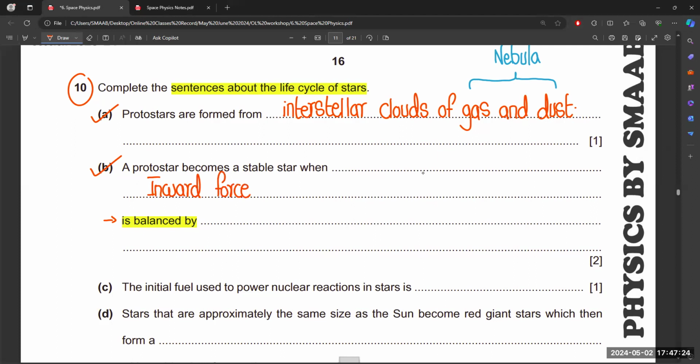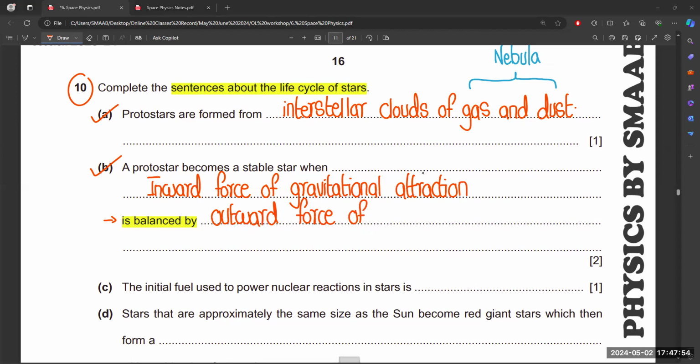So the inward force of gravitational attraction is balanced by the outward force due to high temperature.